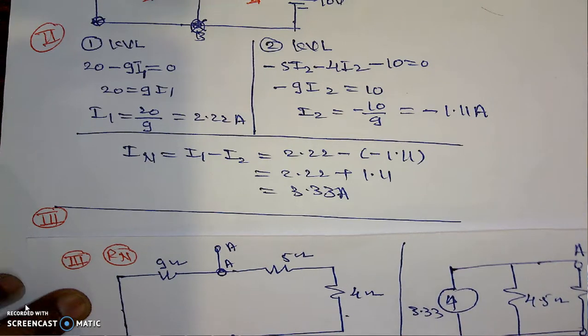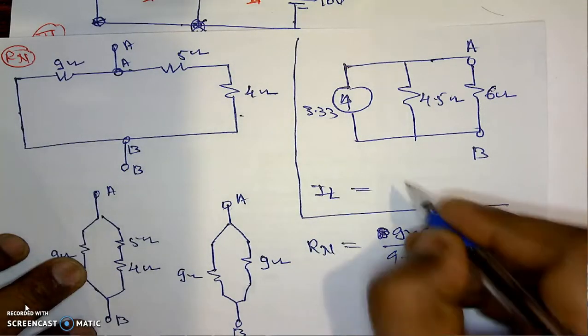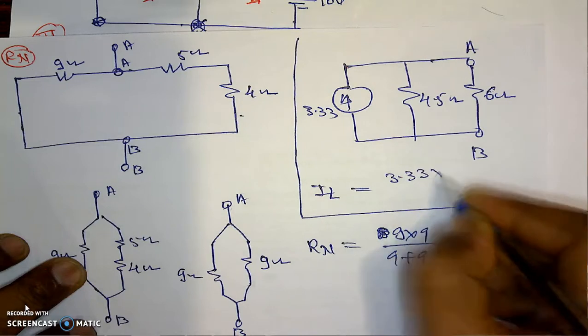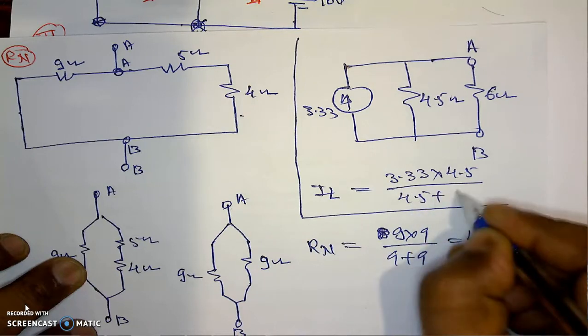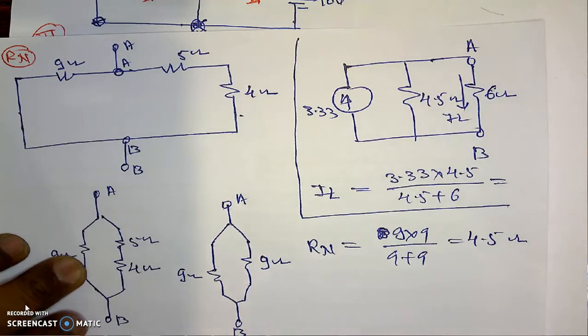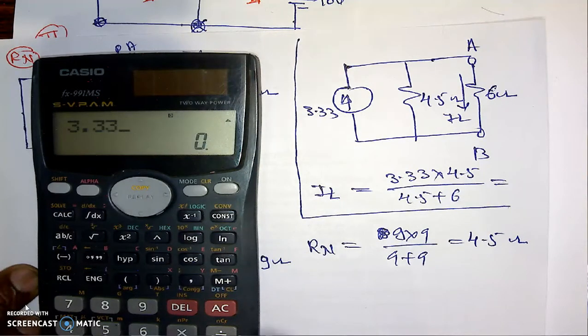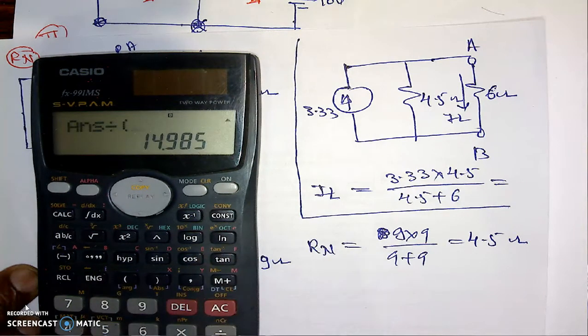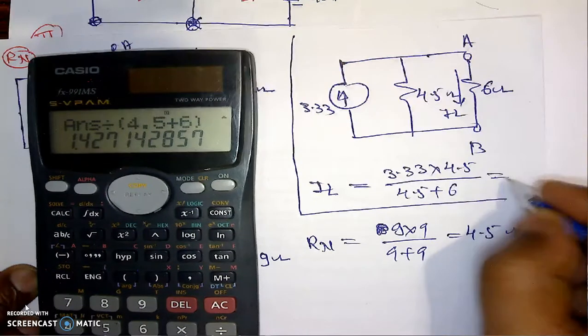We can find out its load current, which is equal to total current 3.33 into the resistance of the opposite branch 4.5, divided by the resistance of both branches, that is 4.5 plus 6. We are able to calculate this load current, which is IL. 3.33 into 4.5 divided by, in brackets, 4.5 plus 6, which is equal to 1.42.